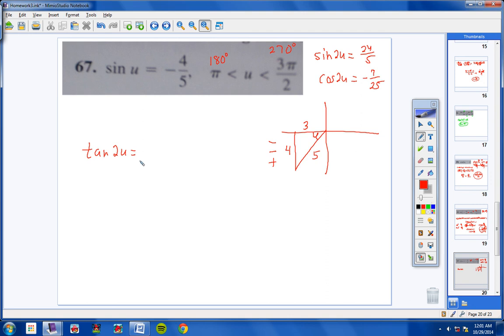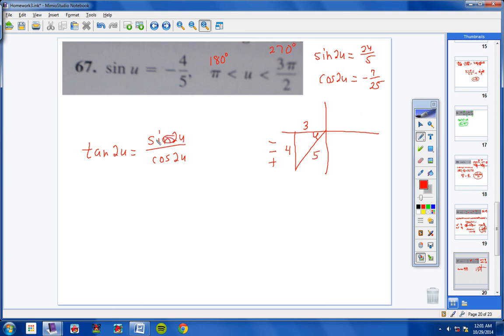Well, tangent of 2u would be the same thing as sine of 2u over cosine of 2u. Students, remember, tangent always equals sine over cosine. So look, we know what sine of 2u is. It's 24 over 5.